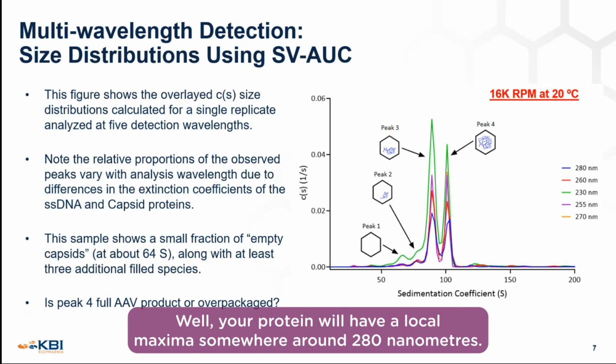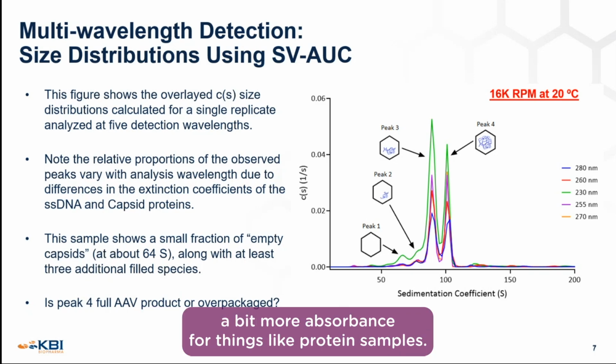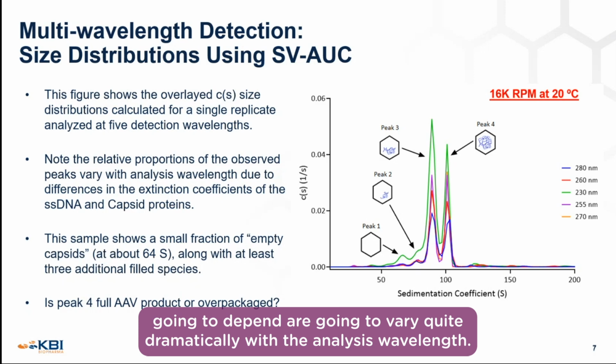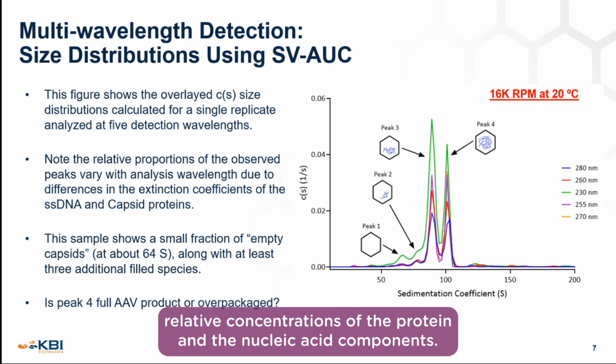Well, your protein will have a local maxima somewhere around 280 nanometers, and then if you go to something like 230 nanometers, you tend to get quite a bit more absorbance for things like protein samples. So the relative responses of the protein and the nucleic acid components are going to vary quite dramatically with the analysis wavelength. We can take advantage of that in order to directly calculate the relative concentrations of the protein and the nucleic acid components as they're set.